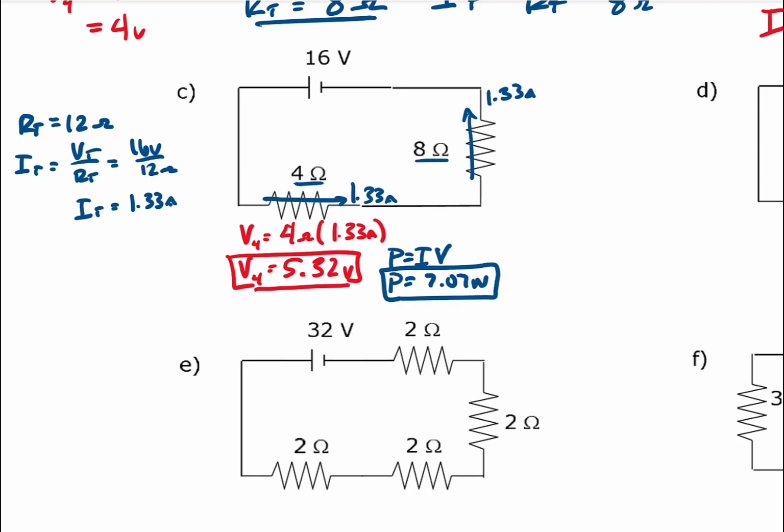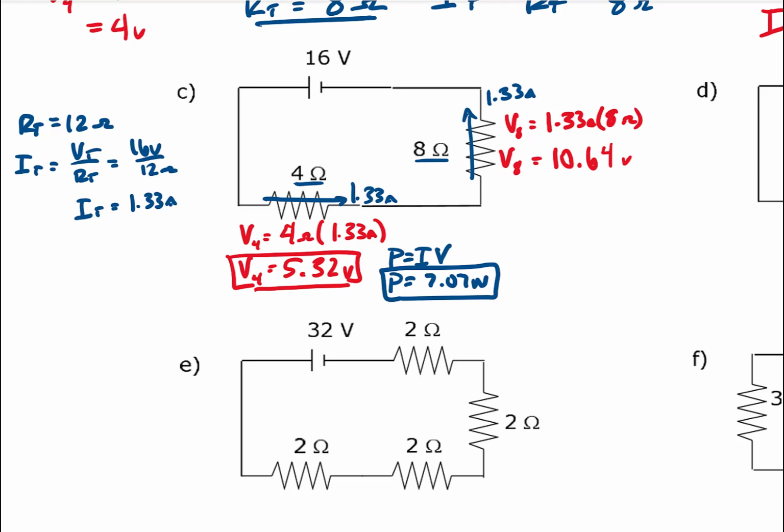For the 8 ohm resistor up here, the voltage across the 8 ohm resistor is the current through it, 1.33 amps, times the resistance, 8 ohms. So the voltage across the 8 ohm resistor is about 10.64 volts.